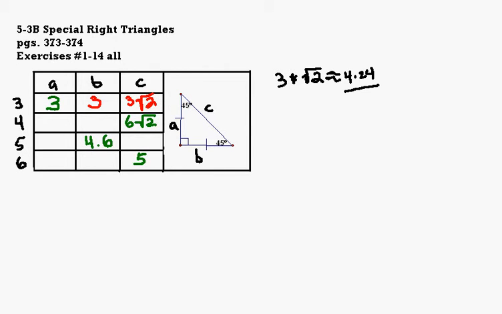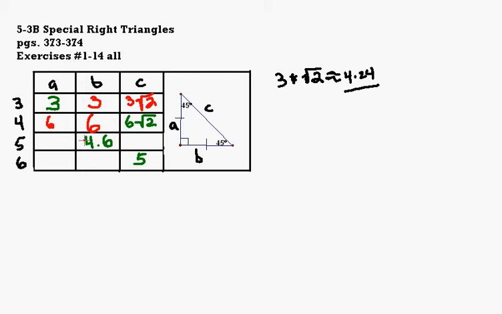Okay, so going to number 4, here I'm given that C, which is the hypotenuse, is 6 square root of 2. Well, if I know that C is the leg times the square root of 2, and I'm given that C is 6 square root of 2, that means that B and A must be 6, because multiplying the leg times the square root of 2 gives me 6 square root of 2.